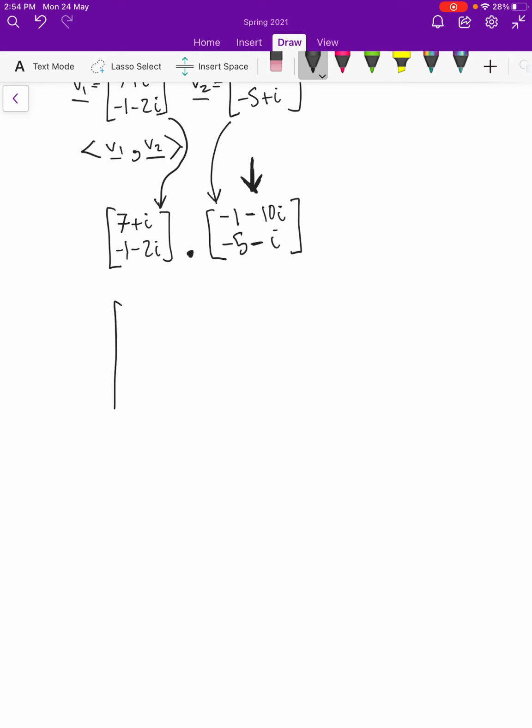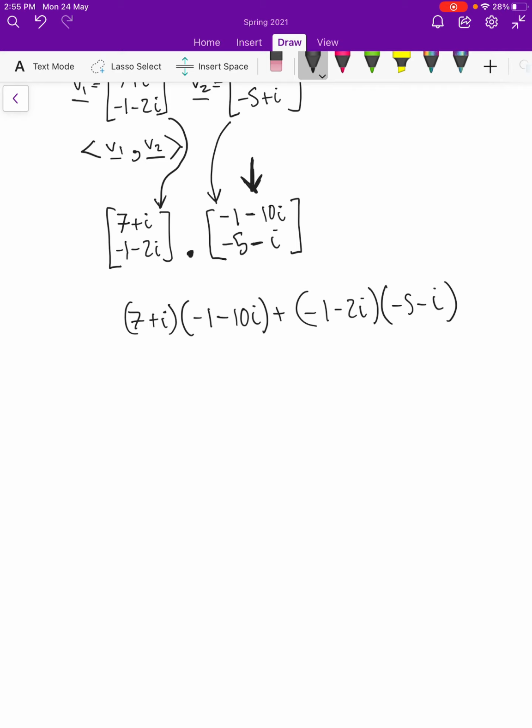So we're going to want the vector 7 plus i times minus 1 minus 10i, plus minus 1 minus 2i times minus 5 minus i.